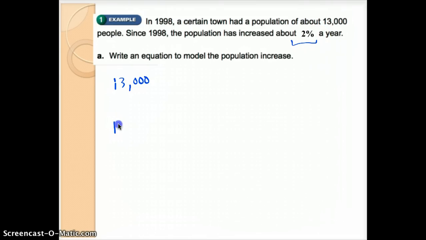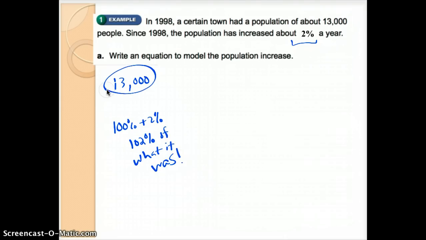I still have my old 100%, but now I have 2 more percent. So my value is going to be 102% of what it was. That's going to be an important concept. So when I have this number 13,000, to find out how big it will be the next year, I would multiply it by 1.02.